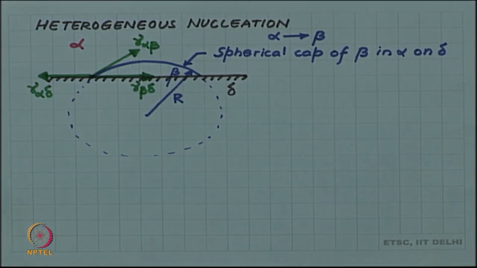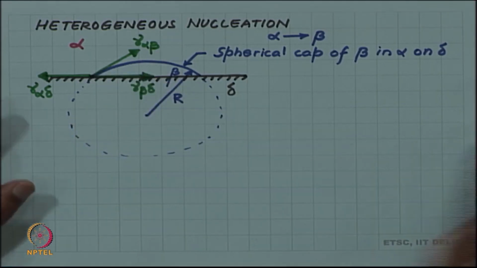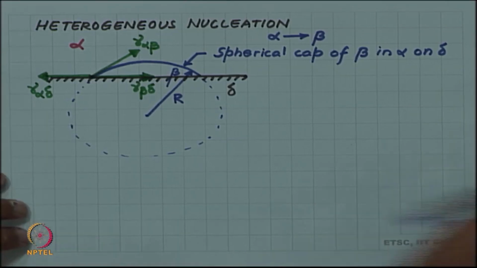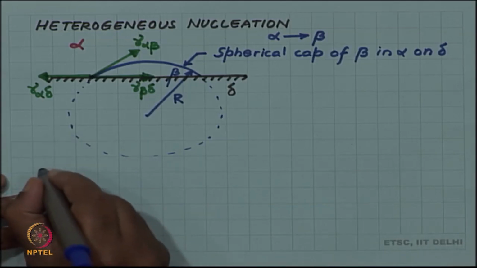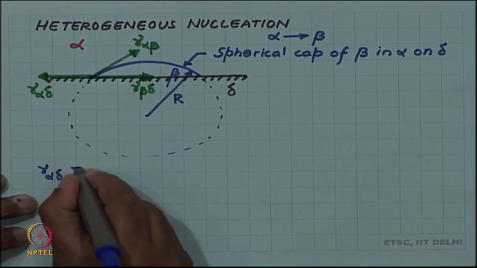Since these three surface tensions are locally in balance at this point, we can write an equilibrium condition for these surface energies in terms of gamma alpha delta.